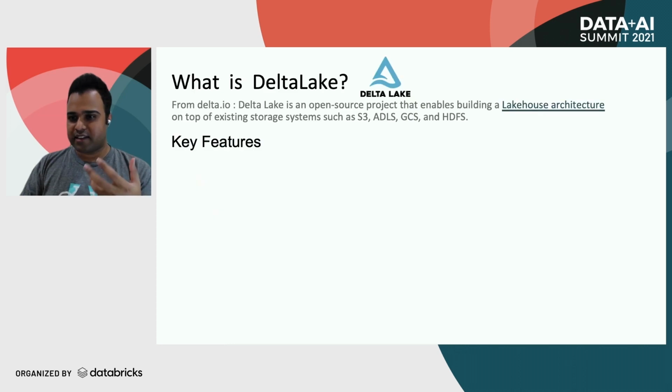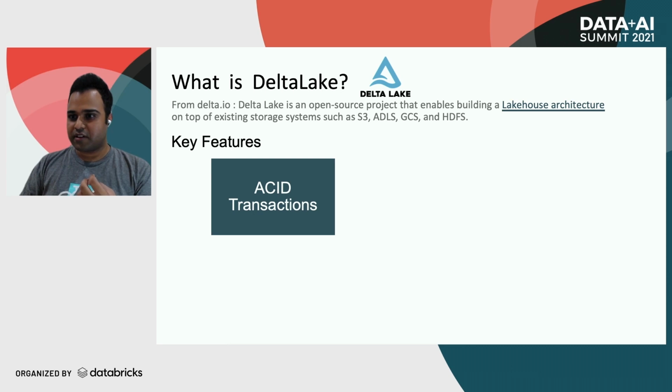So what is Delta Lake, right? This is a Spark conference, so I'm going to assume that a good number of people know what Delta Lake is. But for people that don't, it's an open source project that helps us achieve the lakehouse architecture on top of existing data lake storage systems like S3 and ADLS.